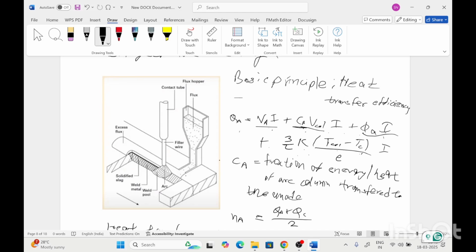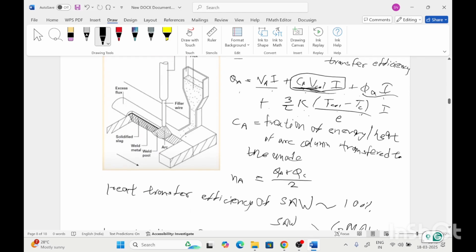If we talk about this term, C_a means the heat transferred from the arc column to the workpiece. The term C_a is the fraction of energy or heat of the arc column transferred to the anode, and the heat transfer efficiency for this process can be written as (Q_a + Q_c) divided by 2.